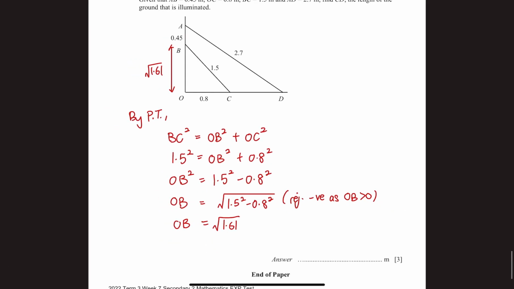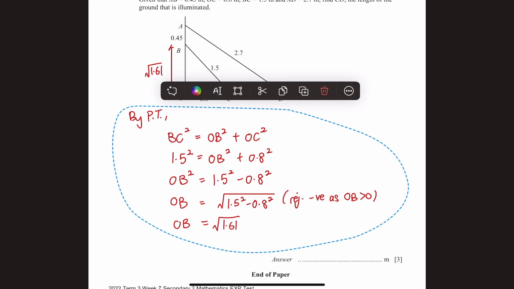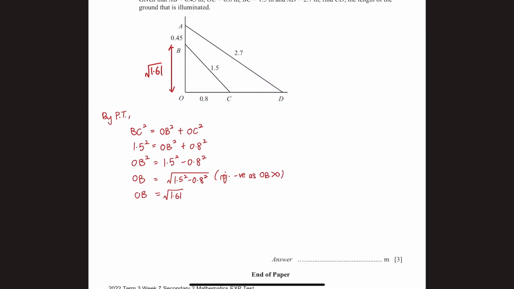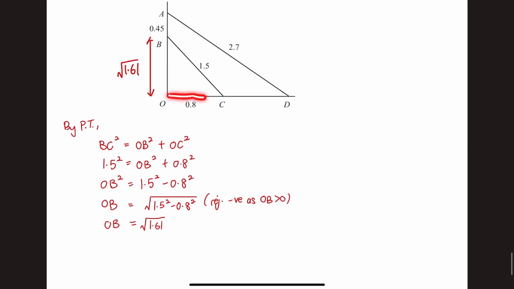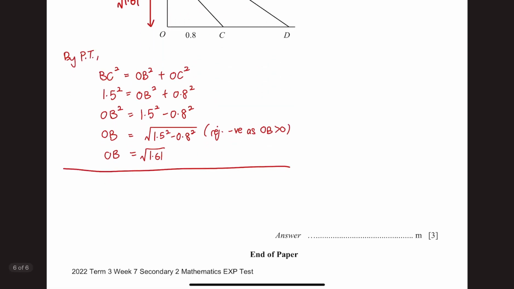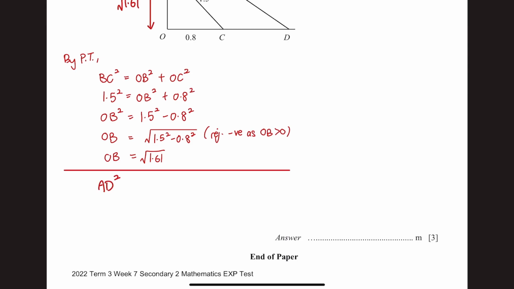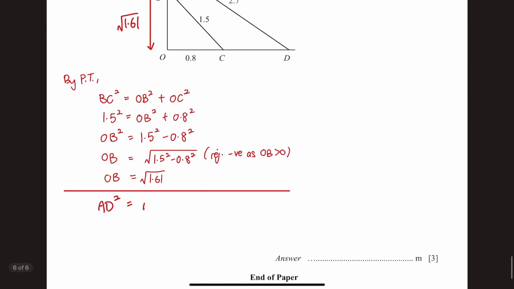Now I shift this to one side. I make this smaller. Now I found the length of OB already. Good. Now I can find the length of OD in this big triangle, since I have the other two sides now. In the big triangle, AD square is equal to AO square plus OD square.